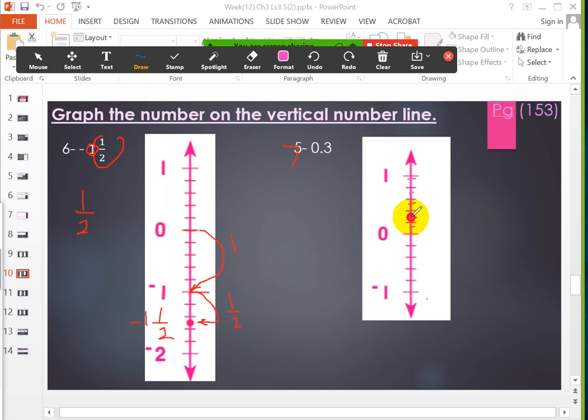This is the point which represents 0.3. Divide this distance into 10 equal parts and count 3. So you will locate 0.3 on the positive side for rational numbers. Now if you finish, girls, please type 1 in the chat.